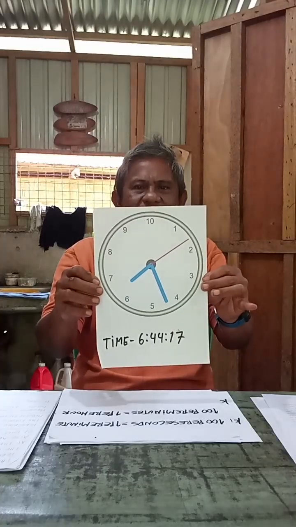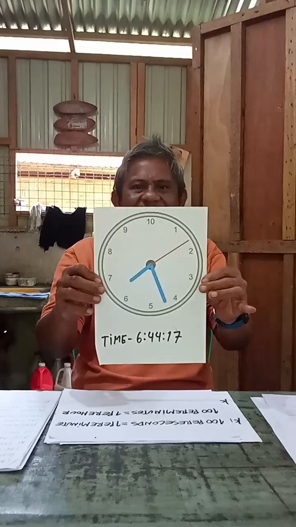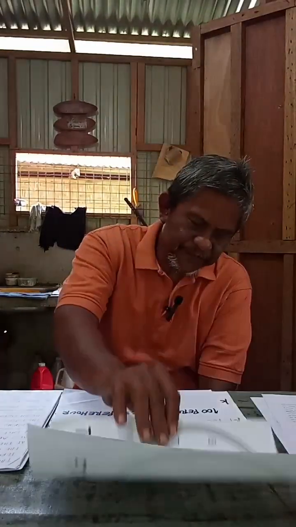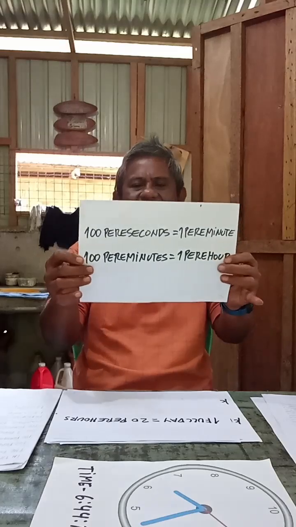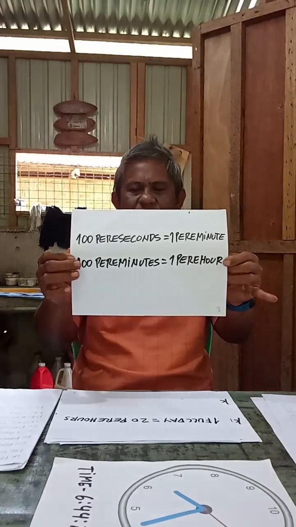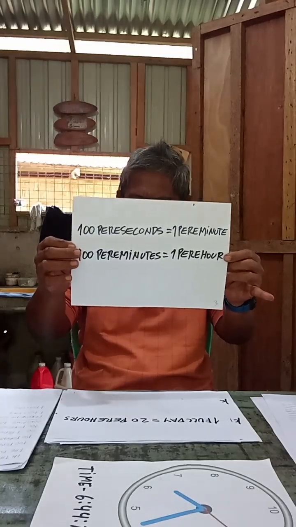In the Peregrino Sienes Time, the future chronograph, you can easily calculate the time manually or by using a calculator, because it is decimalized time and metric time. 100 periseconds is 1 periminute, and 100 periminutes is 1 perihour.